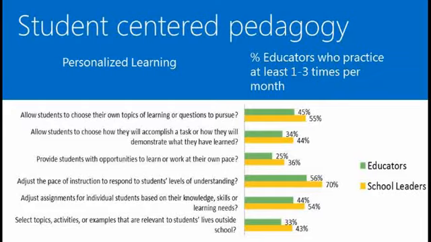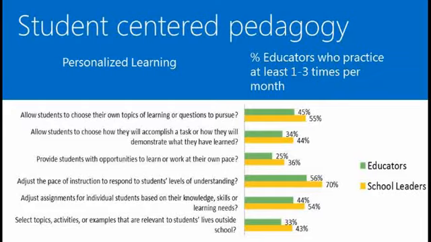This is looking at the notion of personalized learning. The survey asks a series of questions about how often educators are practicing these particular things at least 1 to 3 times a month.